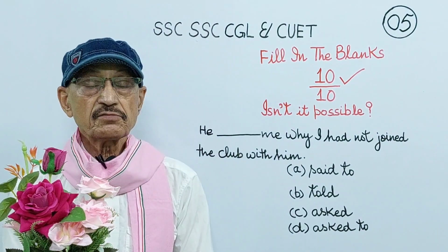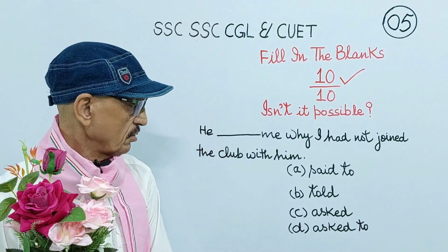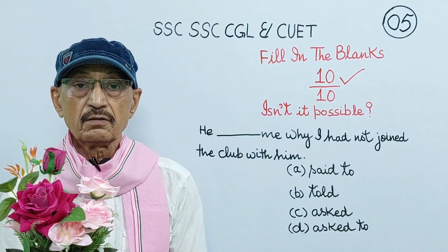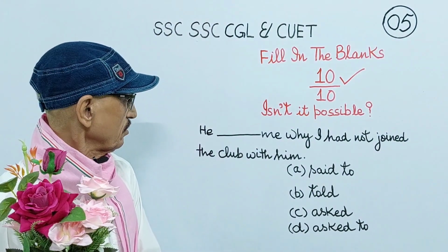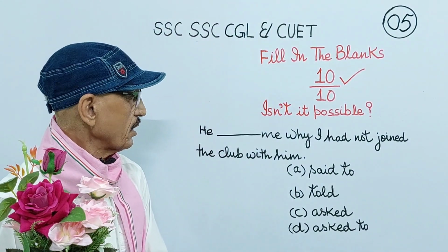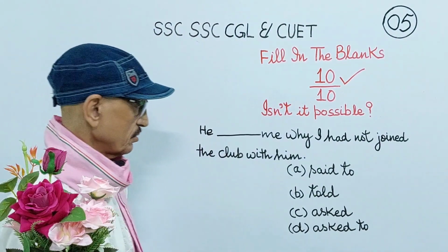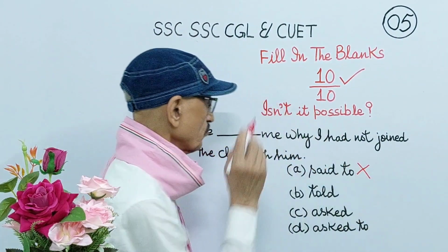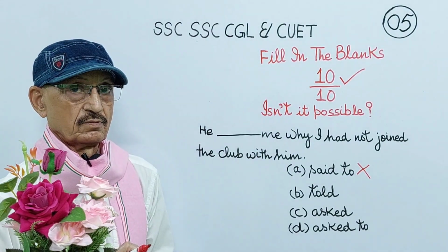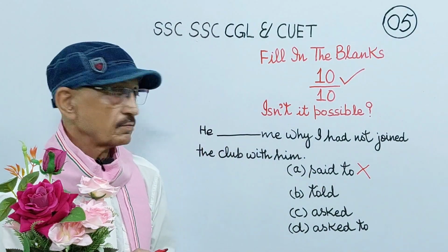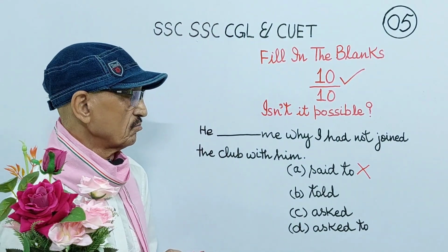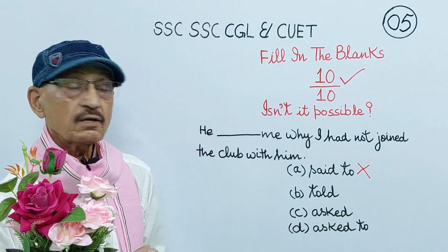He blank space me why I had not joined the club with him. There are 4 alternatives given here: said to, told, asked, asked to. Which alternative will come in this blank? Let us find out. He said to me why I had not joined the club with him. No, this is incorrect, because why is an adverb of reason, so you cannot take said to. Let us try told. He told me why I had not joined the club with him. No, this does not give a correct meaning.